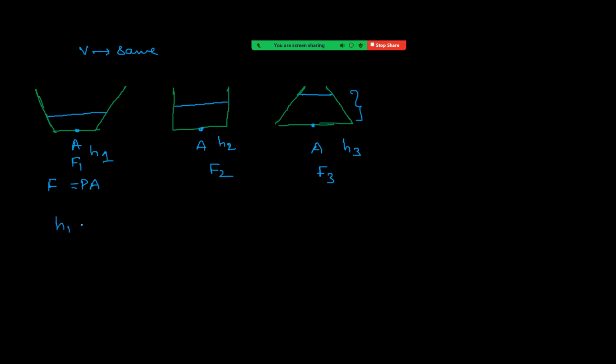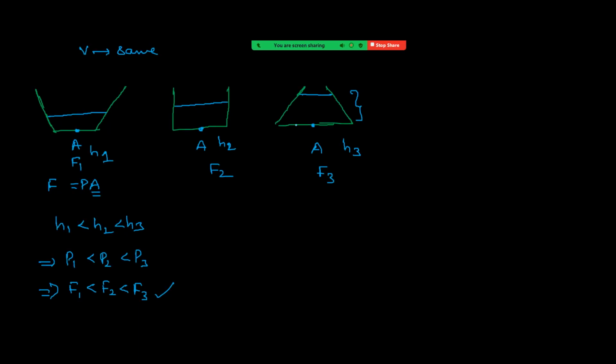Clearly H1 is less than H2, which is less than H3. Therefore pressure at the bottom is more in the tallest one, so P1 is less than P2, which is less than P3. Since base area is the same, F is proportional to P, so F1 is less than F2, which is less than F3. So force is greatest in this shape.